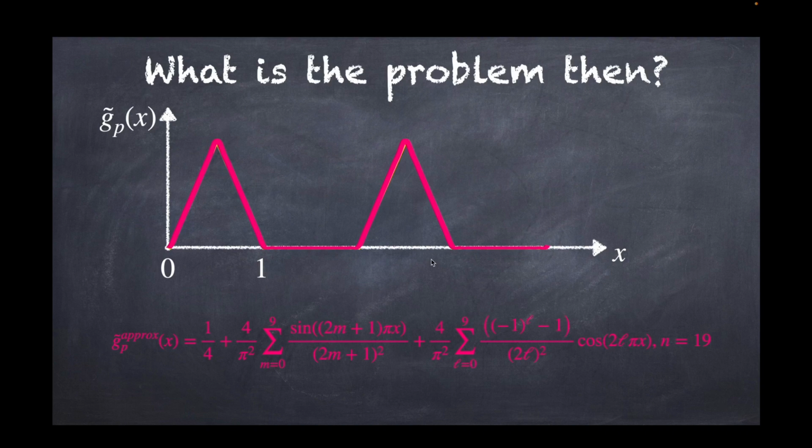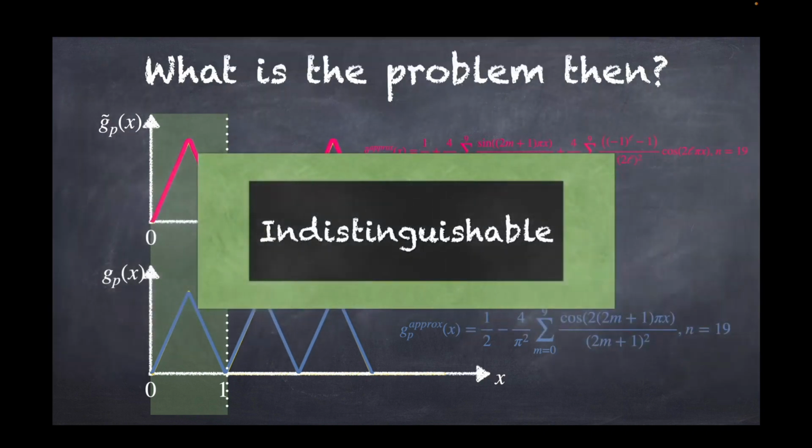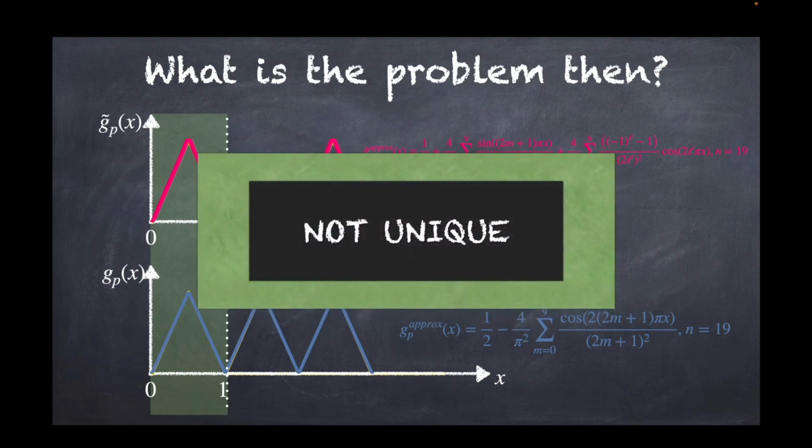So now what happens is that if we put these things together, what we see is that we've got 2 different functions, okay? But if we actually look at this particular window, then they are indistinguishable from each other, and each is going to represent perfectly this piece of that function between 0 and 1. So essentially it shows that these things are not unique.